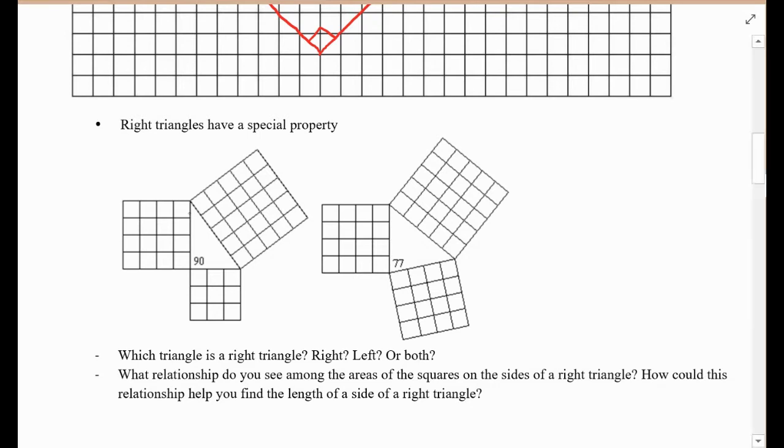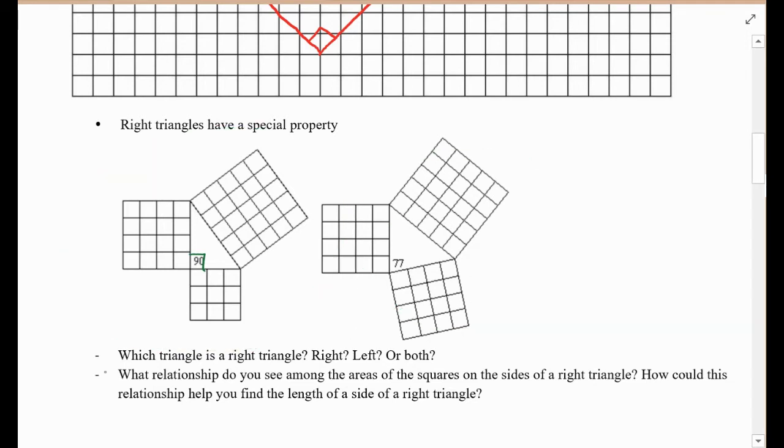Okay, so this is a right triangle because it has a right angle over here. Is this a right triangle? I don't see any right angle. To become a right triangle, it should have one right angle, but it doesn't have a right angle, right? So this is not a right triangle. So this is a right triangle.